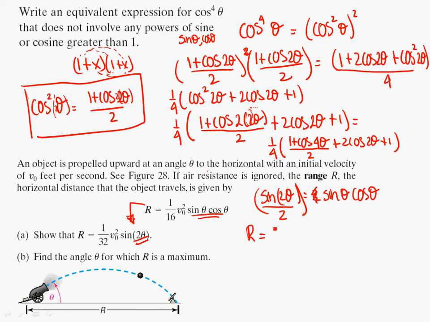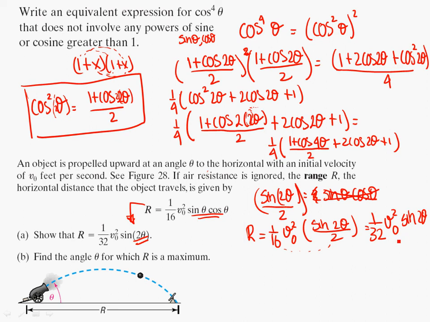So I can write this as 1 over 16 times the initial velocity squared, and then instead of writing sine theta cosine theta, I'm going to write sine of 2 theta divided by 2. And then this 2 just slides all the way over here to make this a 1 over 32. That's the other change that I didn't really point out, since we didn't quite need it yet. So these two equations are equivalent.